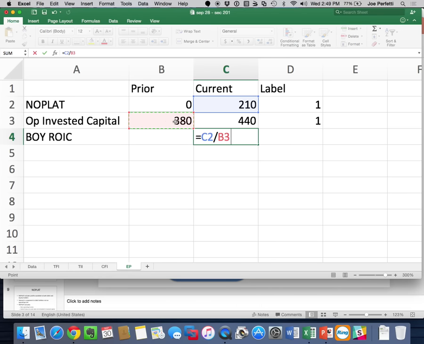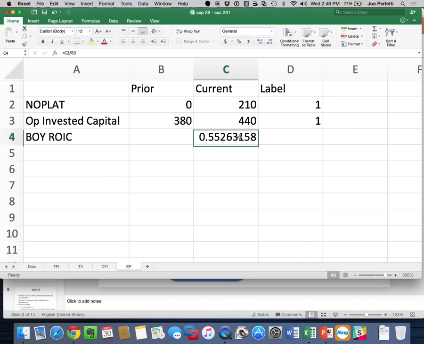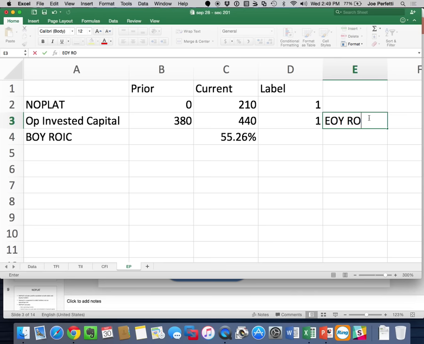Basically, the January 1st invested capital is pretty much the same as the December 31st invested capital, hence end of previous year. So the ROIC would be 55%. If I had done end of year ROIC, equals current year NOPLAT divided by current year invested capital, I would get 48%.